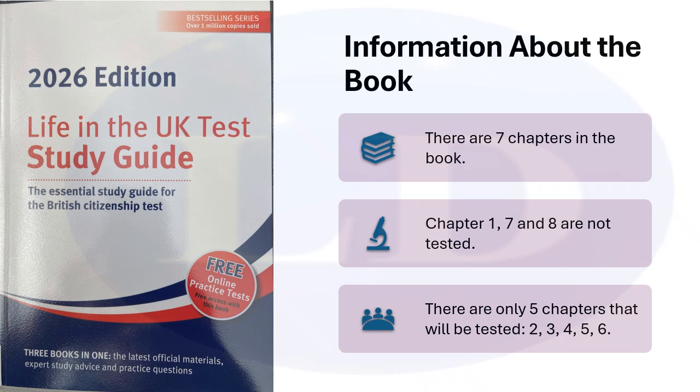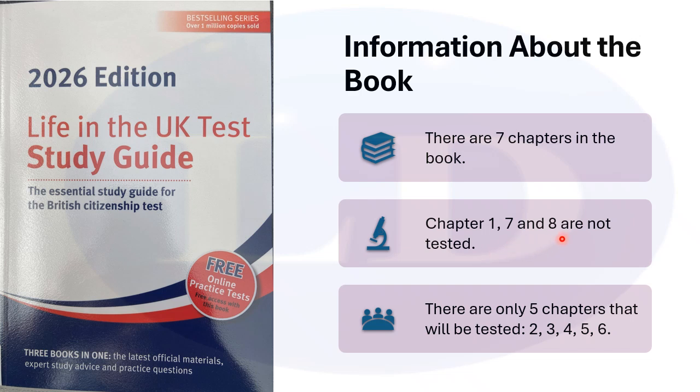But before that, let me tell you things about this book. This is the study guide, which is the official version of the Life in the UK study guide test book. You can get this book from the library, or you can buy it. There are 7 chapters in this book, and chapters 1, 7 and 8 are not tested.